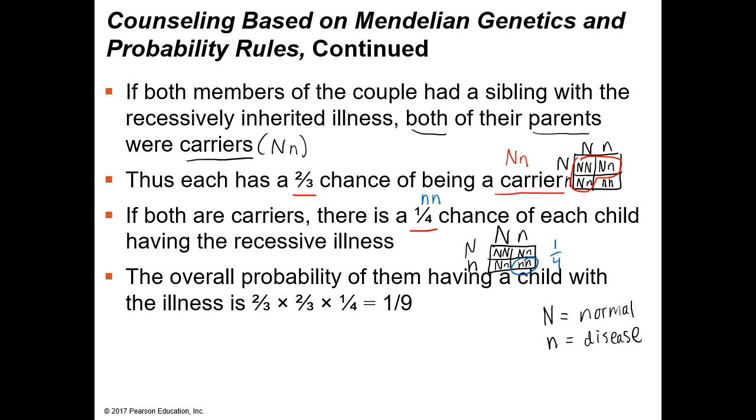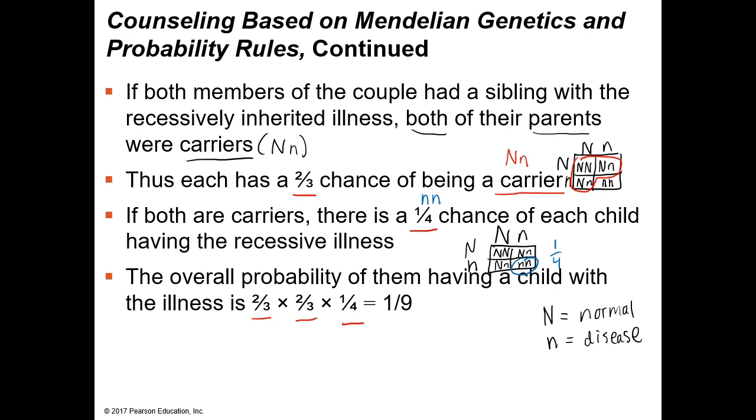Okay. So the overall probability of them having a child is, what's the probability of both of their parents being carriers? Well, if one person is 2/3 and the other person is 2/3, the husband and the wife, and also we multiply it by their chances of having an affected child, we just multiply them.